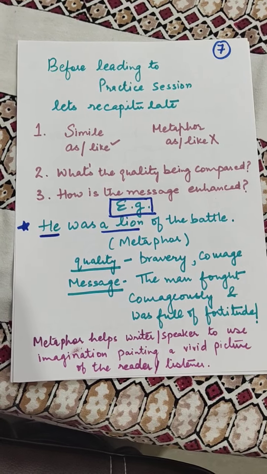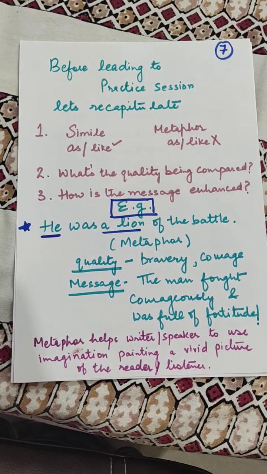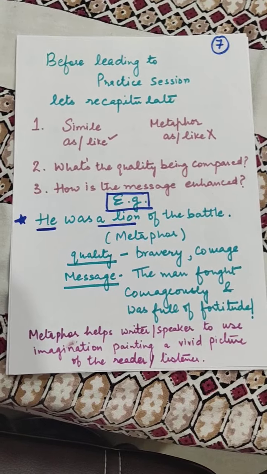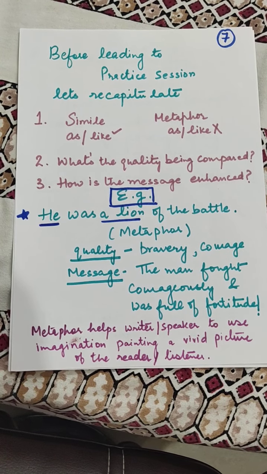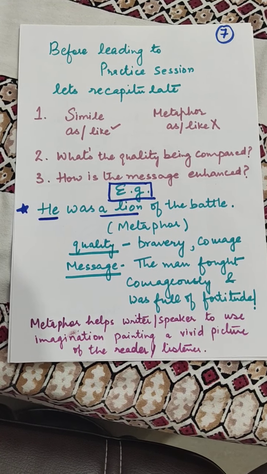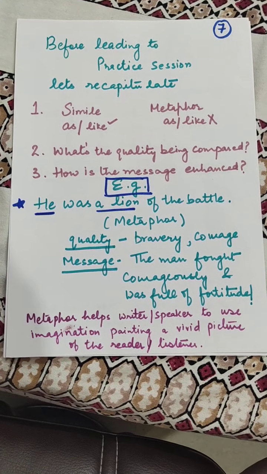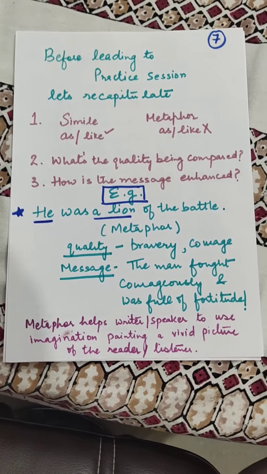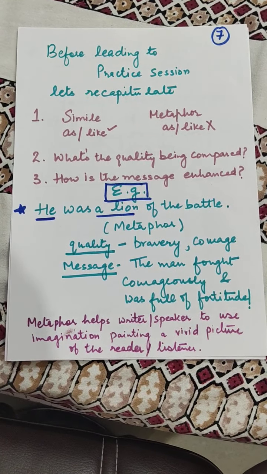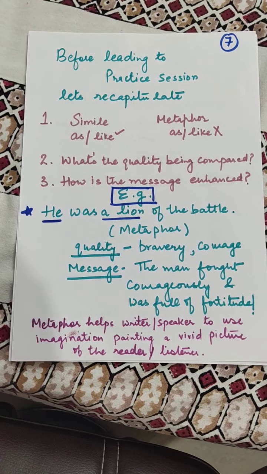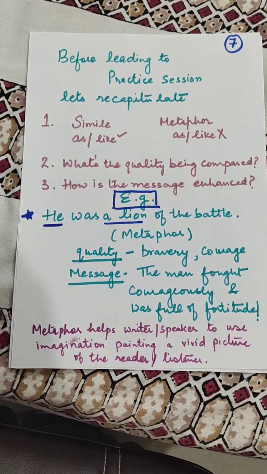It shows the man fought courageously and was full of fortitude when he fought in the battle. So, a metaphor helps the writer or a speaker to use imagination, painting a very vivid picture for the reader or the listener. That is the quality of a metaphor. It helps you use your imagination to a higher scale. Also, the reader or the listener may take it any possible way.